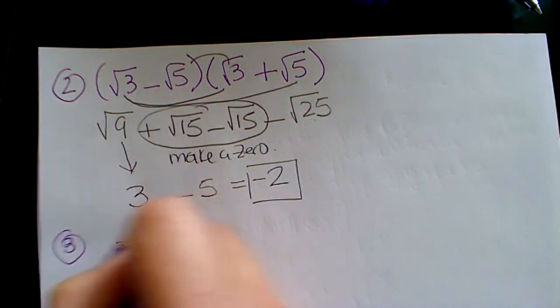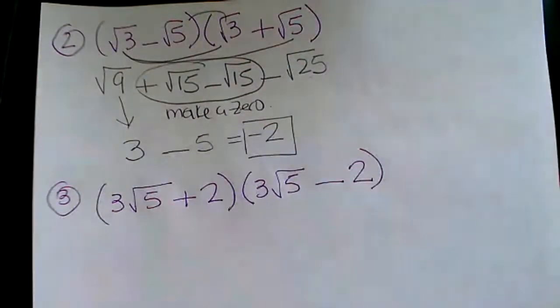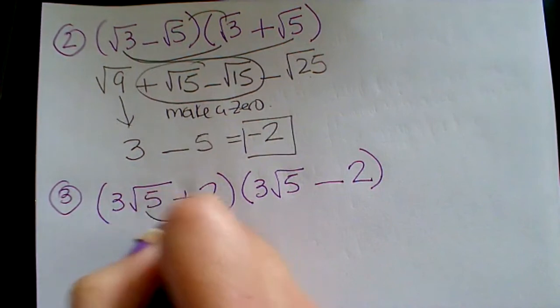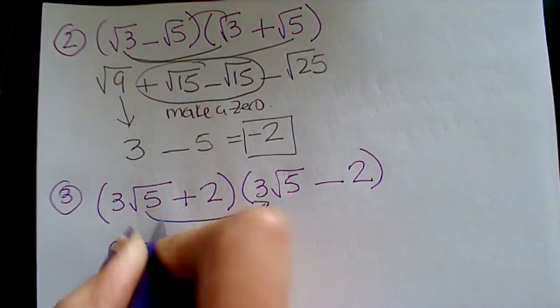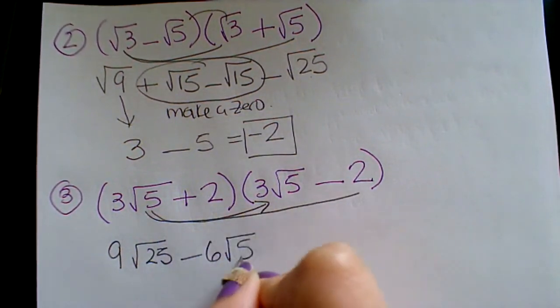We have 3 times the square root of 5 plus 2. We're going to multiply it by 3 times the square root of 5 minus 2, okay? So we're going to distribute again, and we're going to see how the square root appears. 3 times 3 is 9, a square root of 25. This is negative 6 square root of 5.